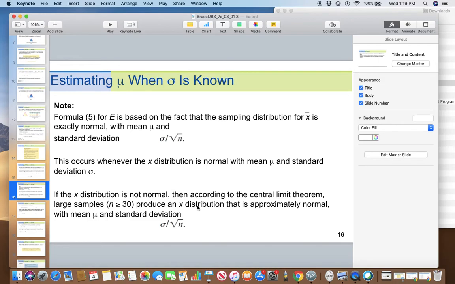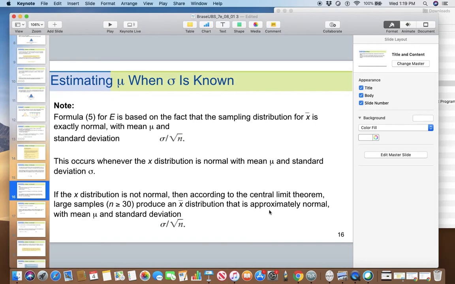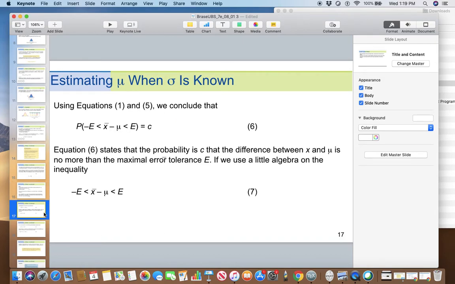Then the X bar distribution is approximately normal with mean mu and standard deviation this. So we are using materials from section 7.5 on the central limit theorem.